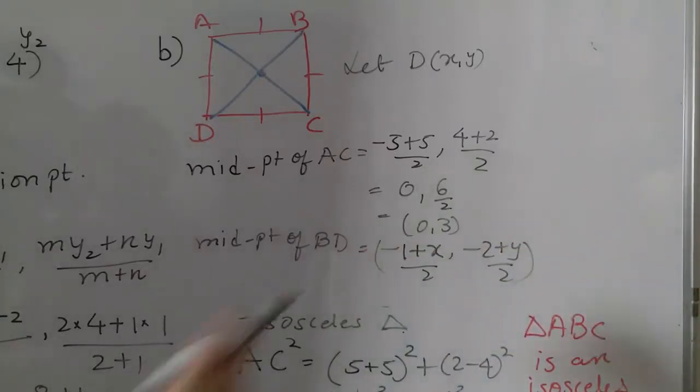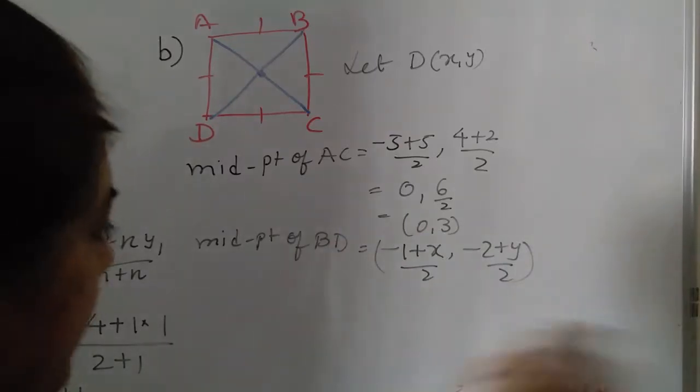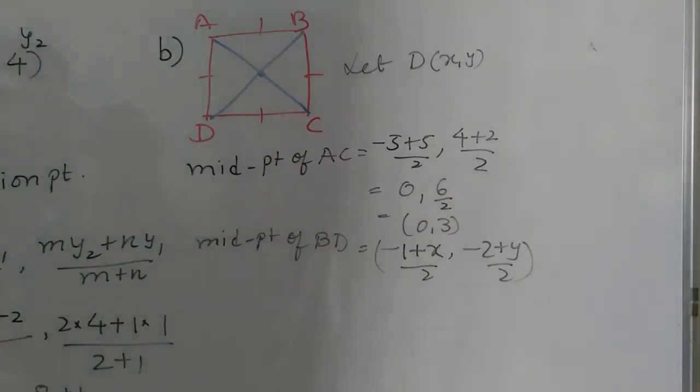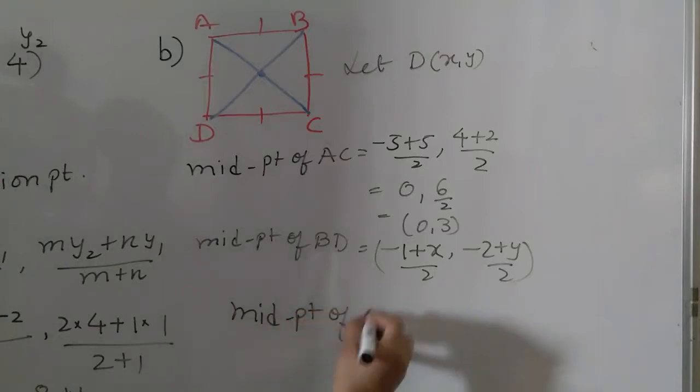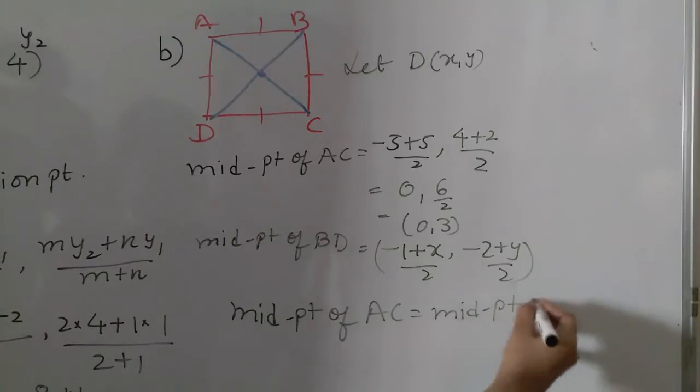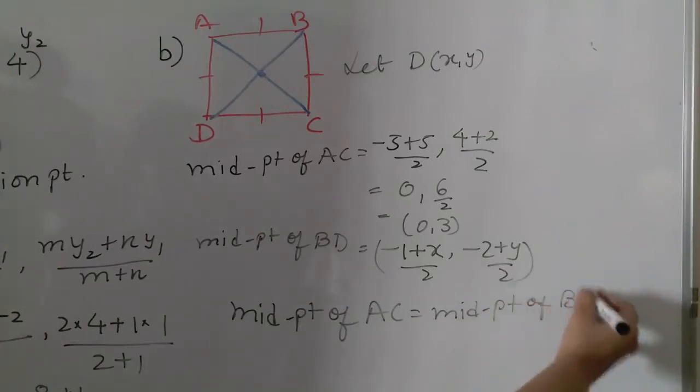Now comparing with (0, 3), that is the midpoint of AC, and the midpoint of BD, always equal in a square.